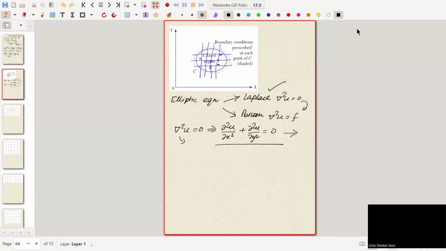Anyone can proceed with it? This is your i axis and this is your j axis. Now this is equispaced. That means from one point you can go to another point.